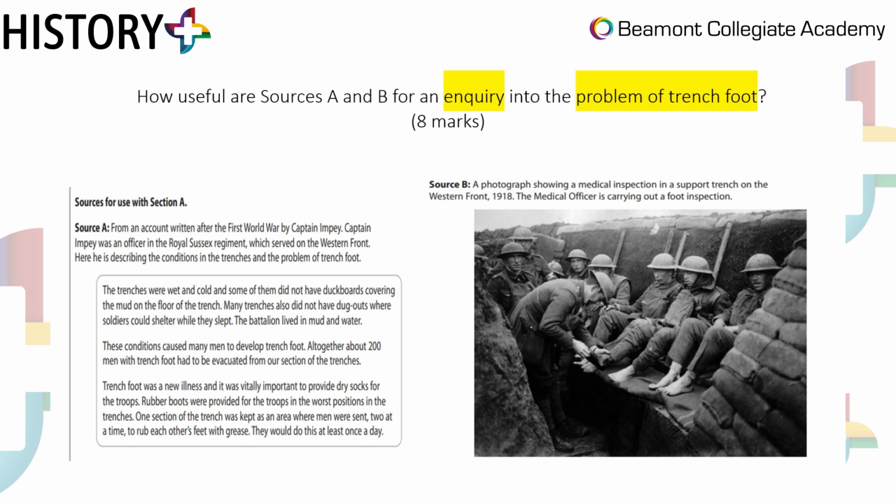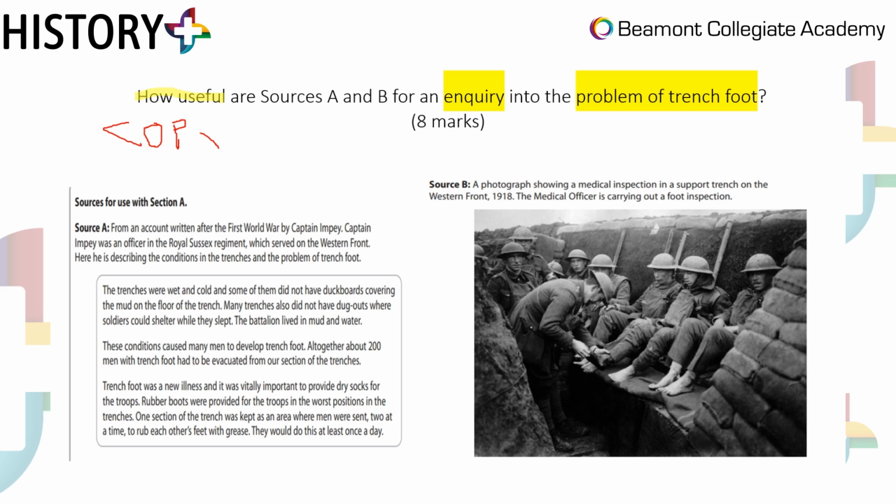Okay, so this is from a past paper, and all questions of this type always start with how useful. When it starts with how useful, that should trigger COP, the skill of COP: content, own knowledge, provenance.